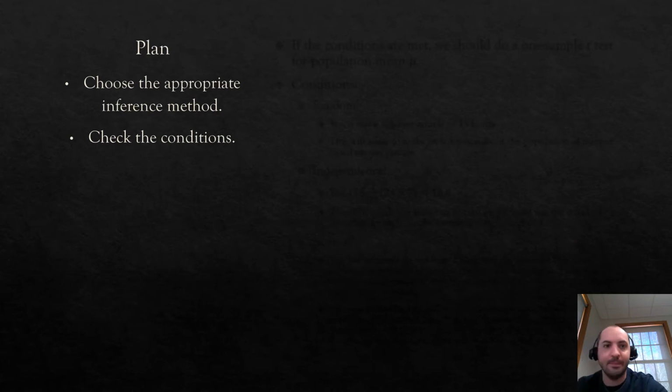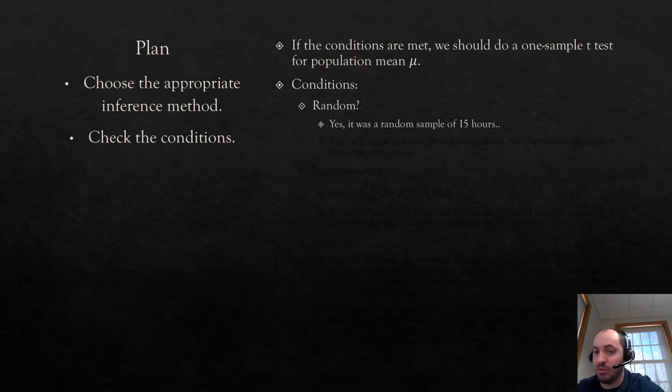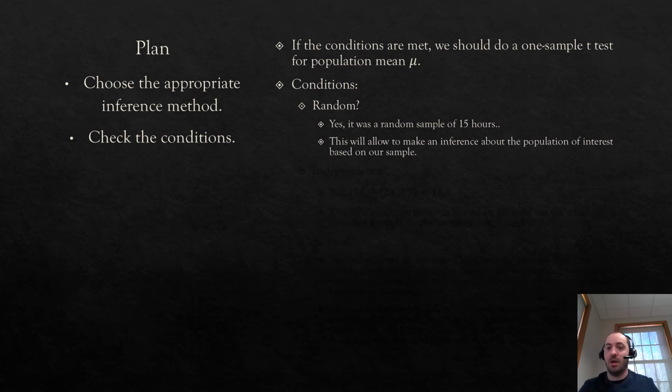We've got to go to plan. We've got to choose our appropriate inference method, and we've got to check our conditions. We're going to use a one-sample t-test for population mean mu, if our conditions are met. Just like before, the conditions are really the same as they were for confidence intervals. Is your data random? In this case, yes, we took a random sample of 15 hours, and this is what lets you generalize what your observations from your sample are to the population.